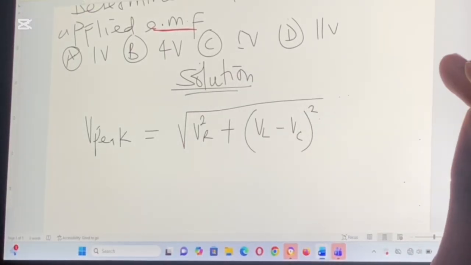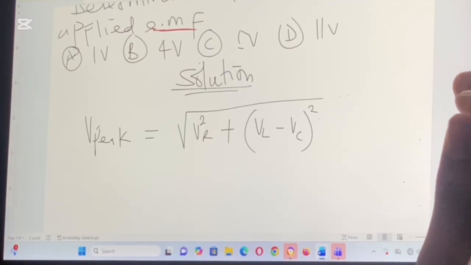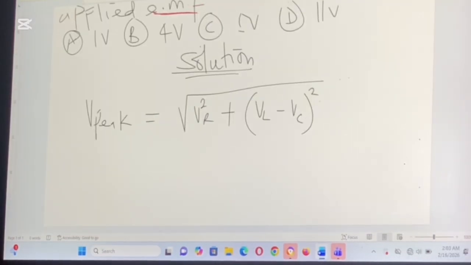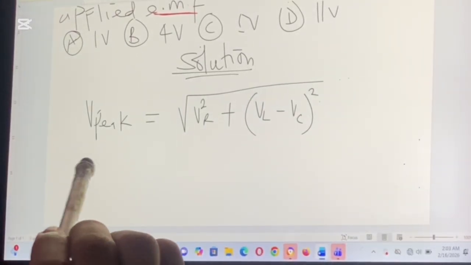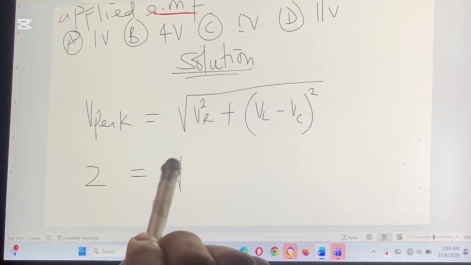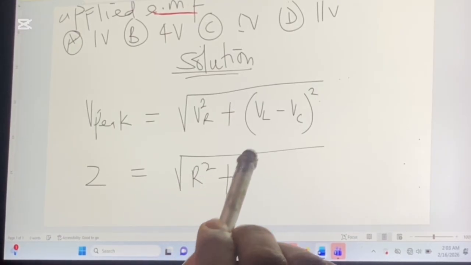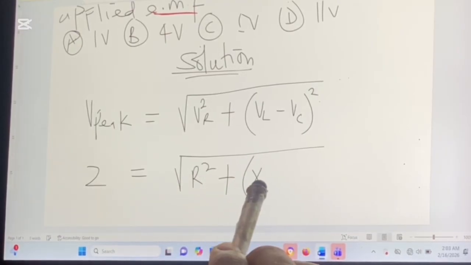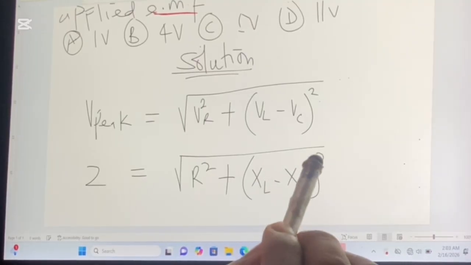Of course, this particular formula is taken from impedance. So when you are asked to find the impedance of an AC circuit, you say that impedance Z is equal to the square root of R squared plus (reactance inductance minus reactance capacitance) all squared.